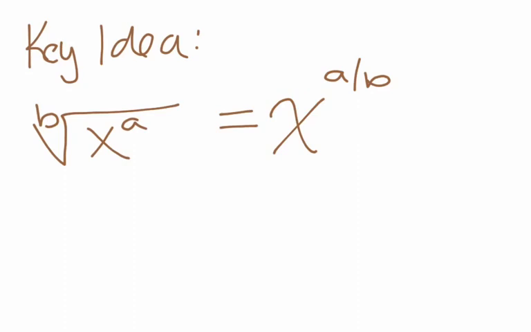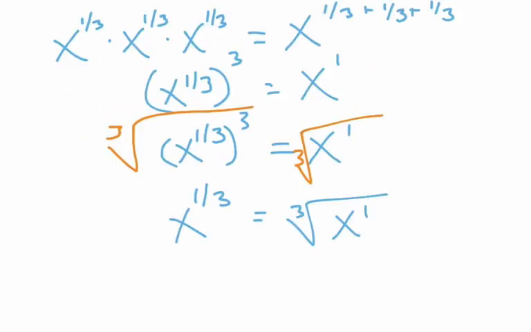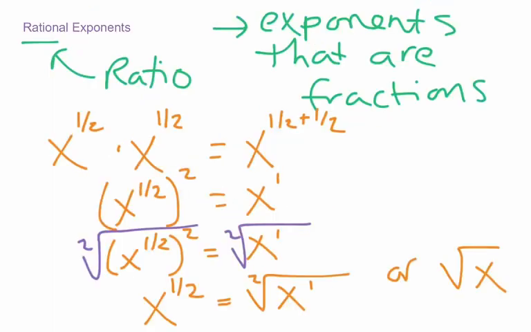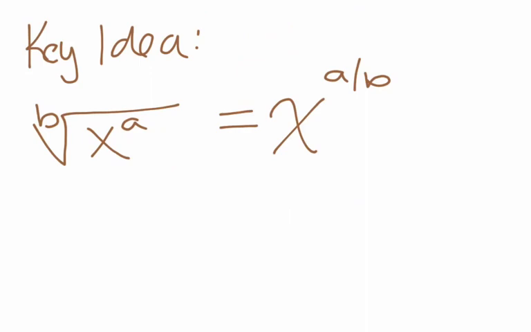Notice the positioning of the numbers. The index matches up with the denominator, which we saw over here. The index matched with the denominator, and we saw it here too. So generally speaking, the index matches with the denominator, and the exponent matches with the numerator. That's how they line up. It has nothing to do with which number is bigger or smaller. It's everything to do with the positioning of the numbers.